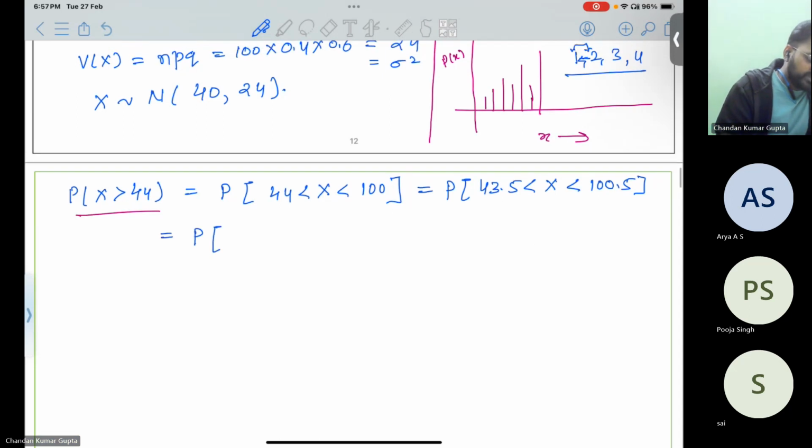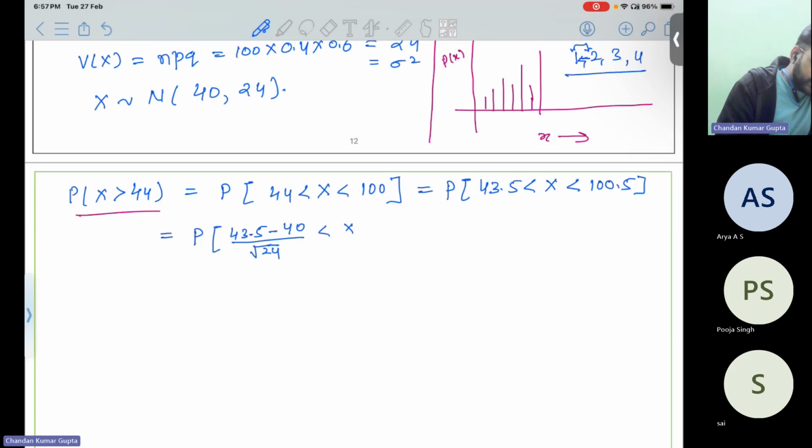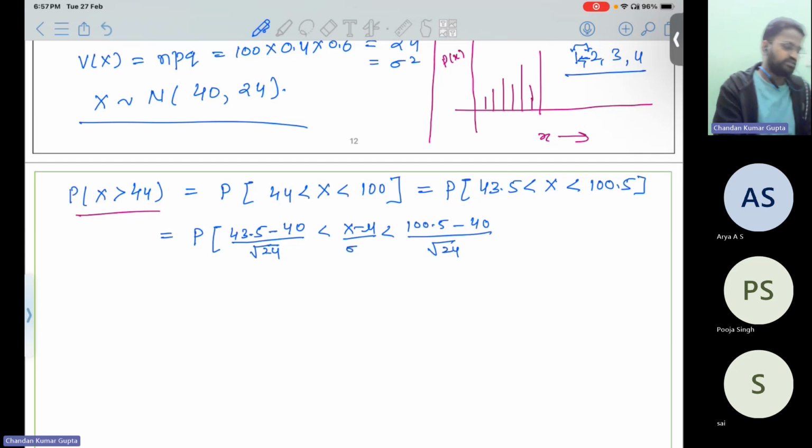Now it's 43.5. We will standardize: X minus mu upon sigma, 100.5 minus 40 upon root 24, because it is there.